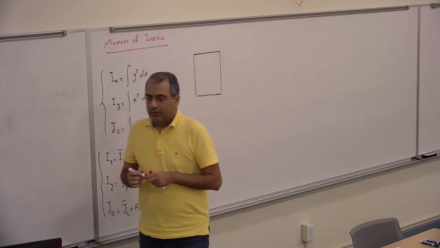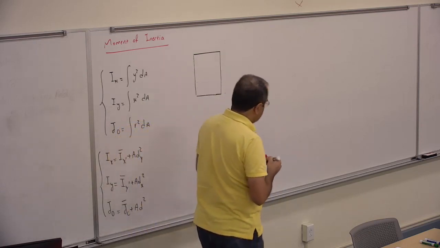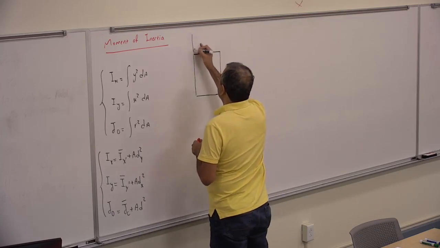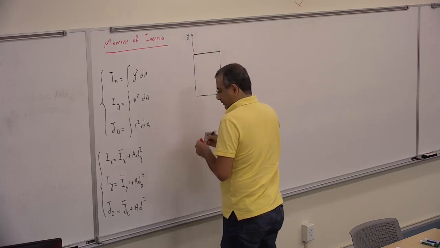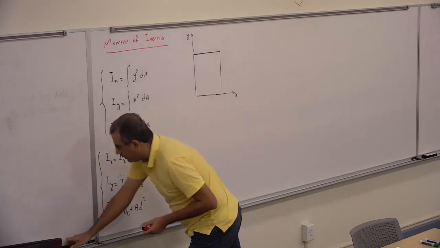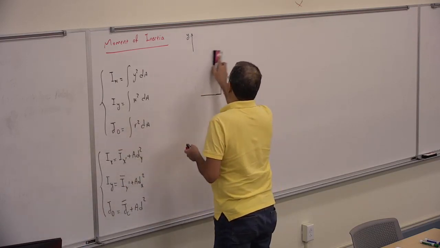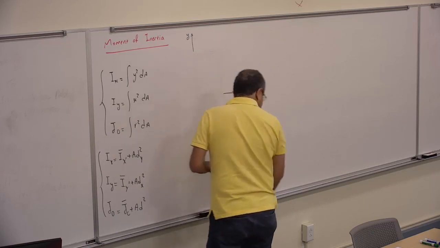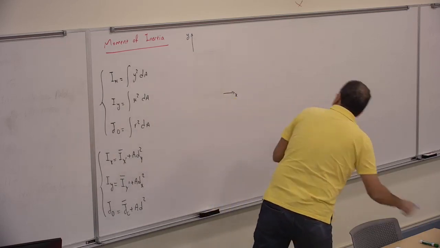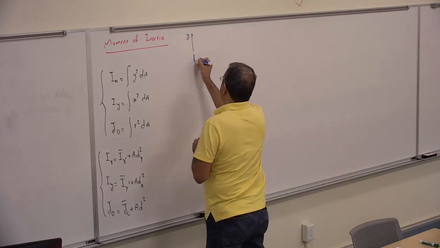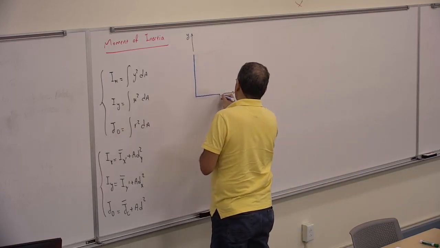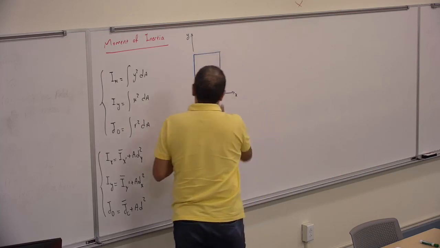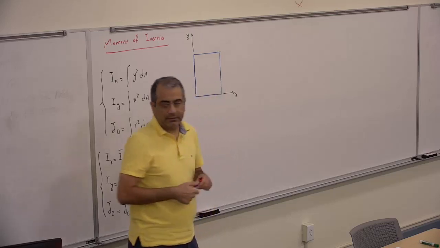and it's going to be the x-axis, y-axis. So this is my cross section, that's the x and y axis.